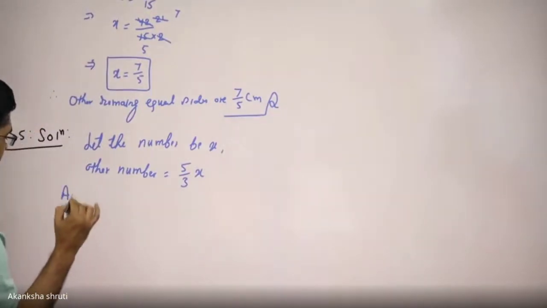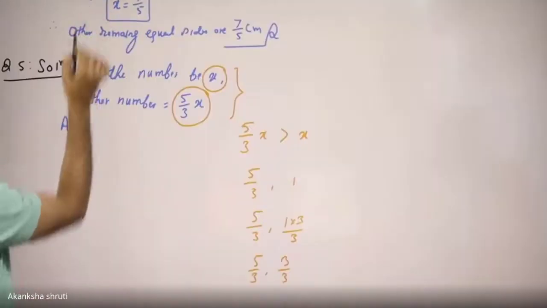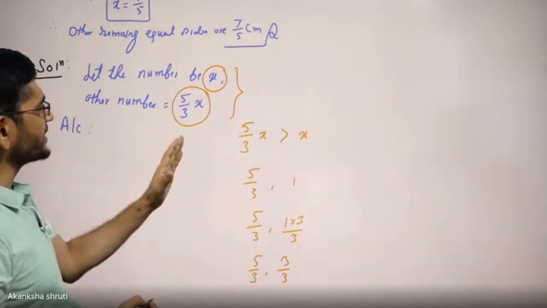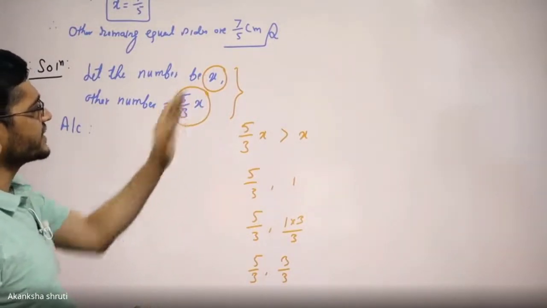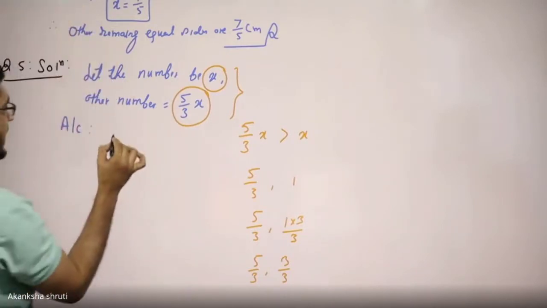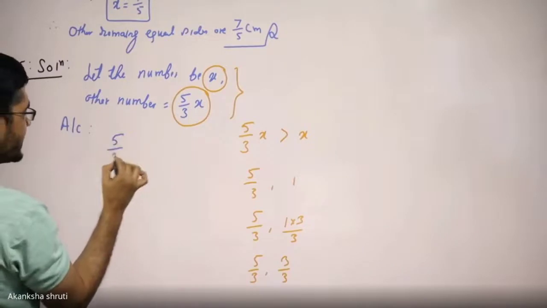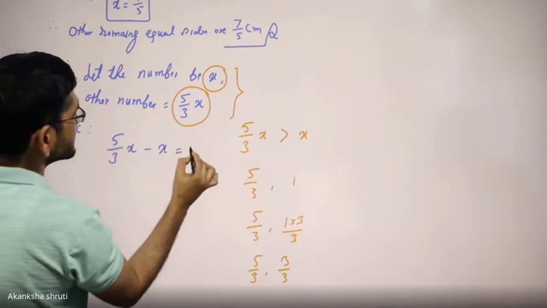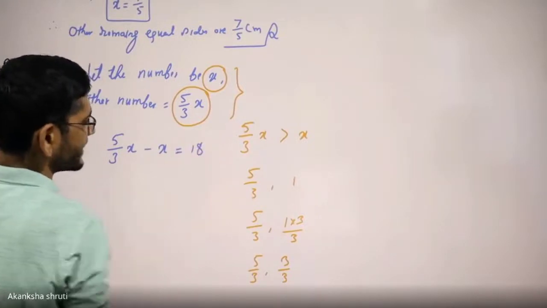Then, according to the question, in this 5 by 3x and x, we are observing that 5 by 3x is greater than this x. Therefore, we need to take 5 by 3x minus x is equal to 18.